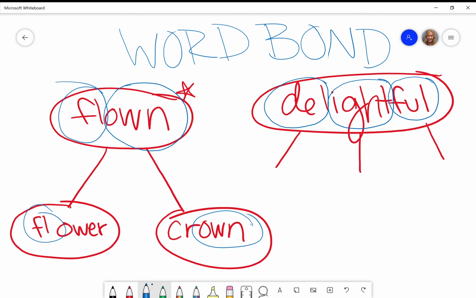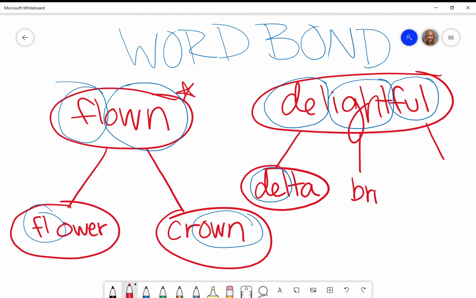DEL. What's a word that starts with DEL? Delta is the word that I thought of. It still has that DEL in the beginning. Now I have to think of a word that has the IGHT in it. I thought immediately of the word bright.